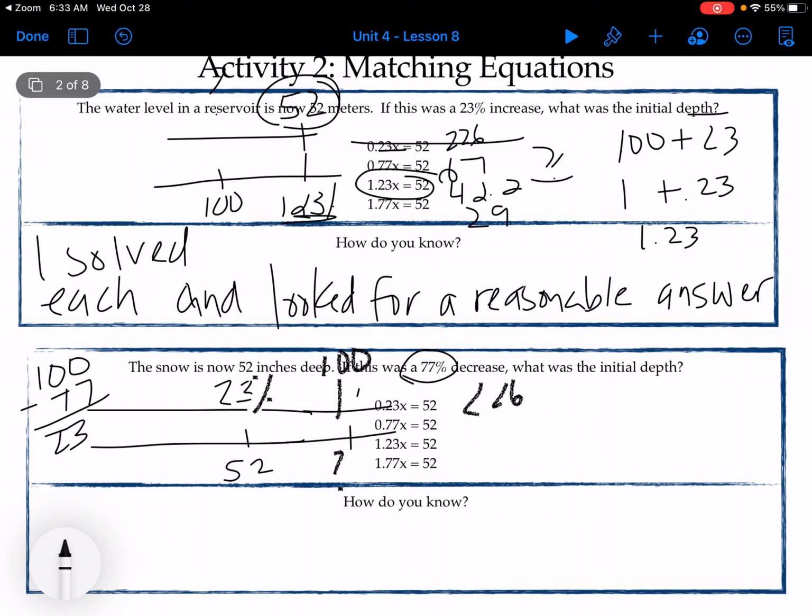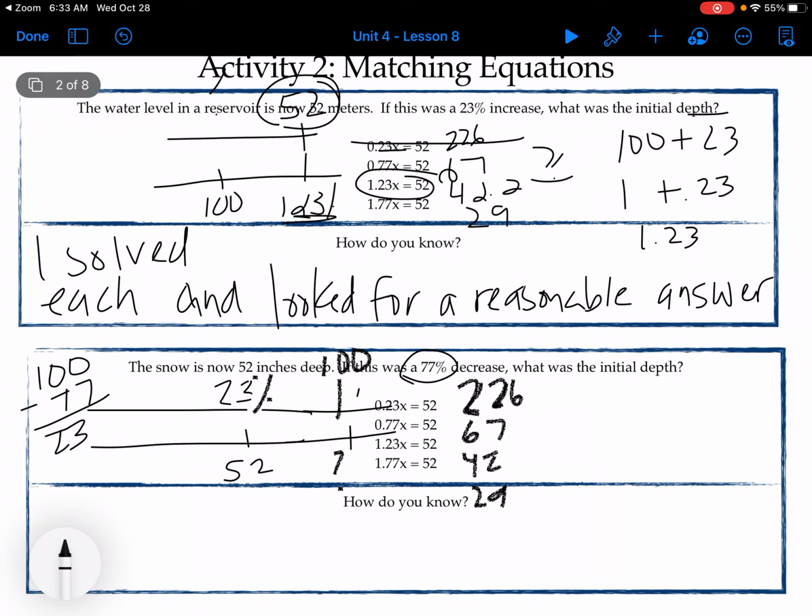So it's going to work out to be the same kind of numbers. 52 divided by 0.77, I get 67. Then 52 divided by 1.23, I'm going to get 42. And then 52 divided by 1.77, I'm going to get 29. So each time I divided them, I got my answers, right?